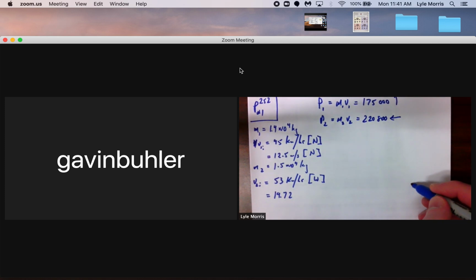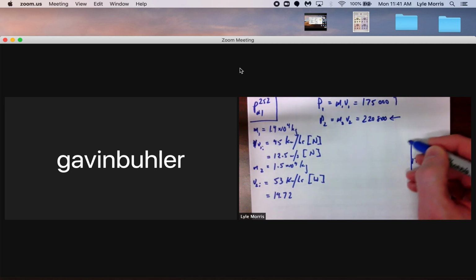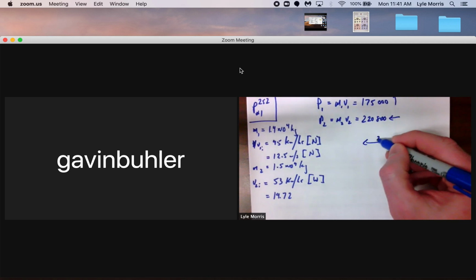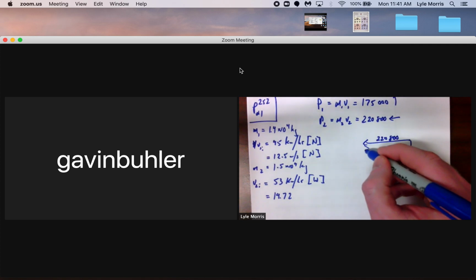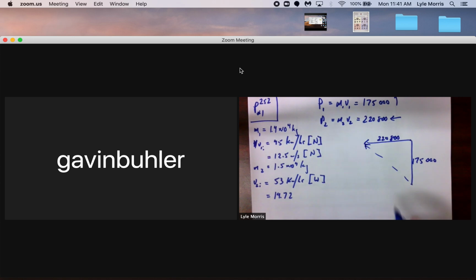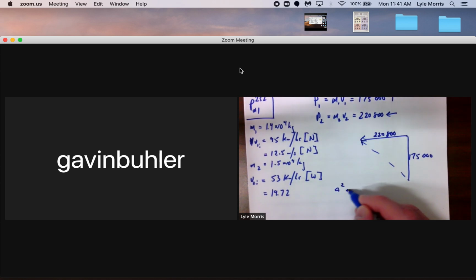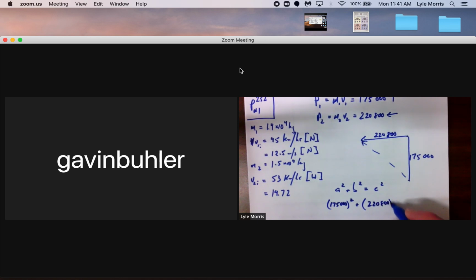So we do, that one's 175,000, and then one's going this way, 220,800, and so we solve for that. So a squared plus b squared equals c squared, 175,000 squared plus 220,800 squared equals c squared.